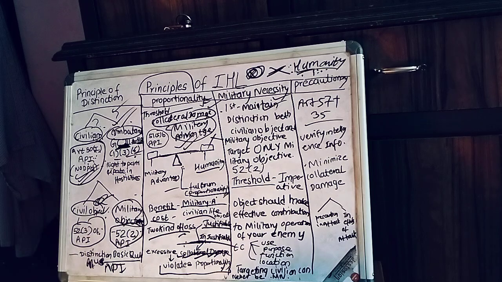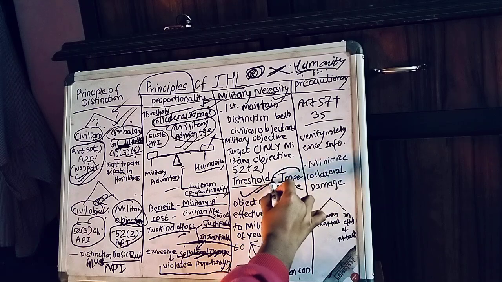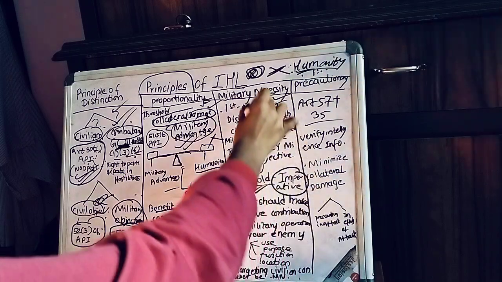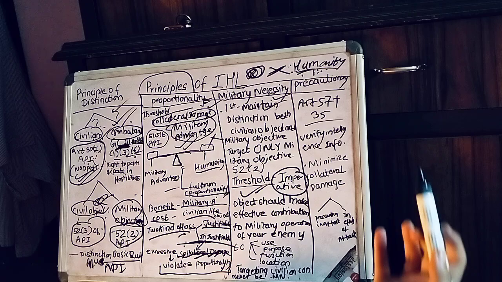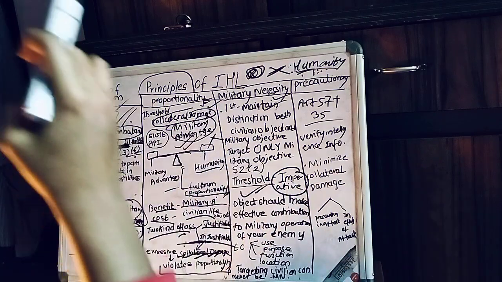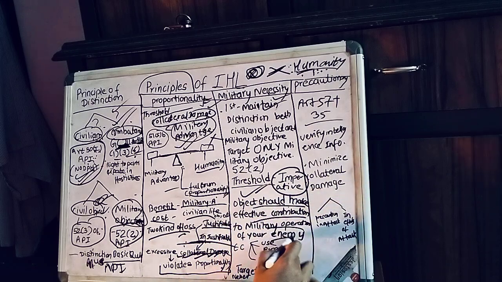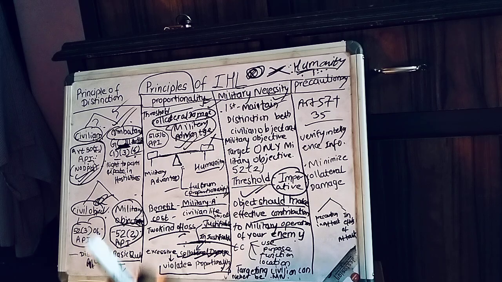Another thing is that there's a threshold that has to be maintained. That is the imperative military necessity, not just necessity. If it is required, but if it can be avoided, then you should not do it. If it is extremely required, that object should make an effective contribution to the military operation of your enemy, so you could win just because of that thing.